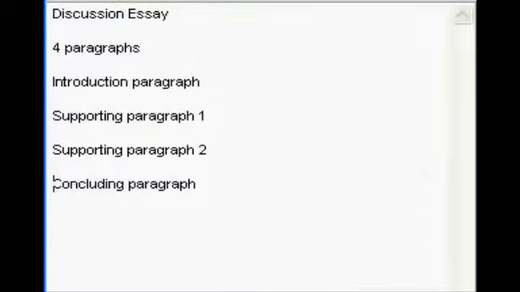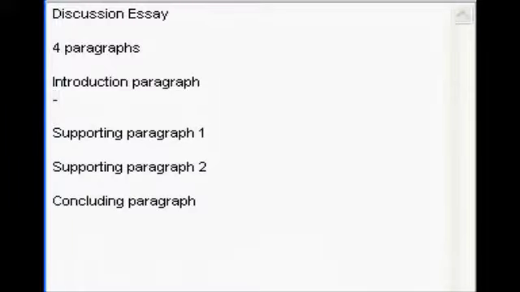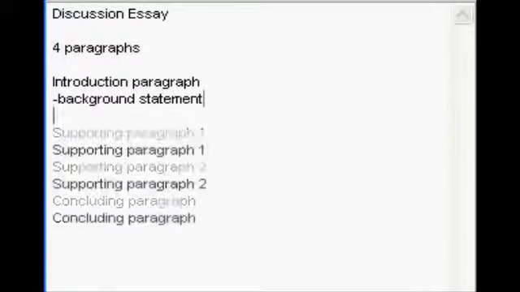Okay, now inside of each of these paragraphs are a number of sentences, and each sentence has its own job to do. So if we take the introduction paragraph, the first sentence is a background statement on the topic that we're writing about.